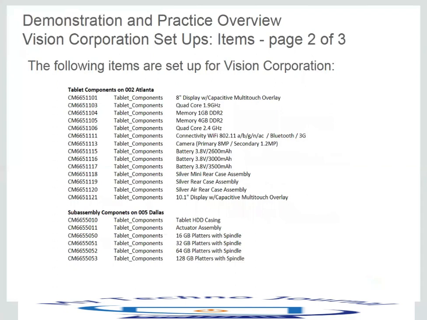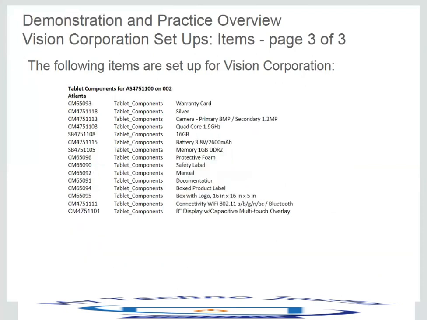And these are the components for each and every product which we are using. So you can see the component name, the description, and the class to which it belongs. And for this particular product, AS475100, which is in the 002 organization, this is the complete structure. You can say it is the bill of material for that particular product.